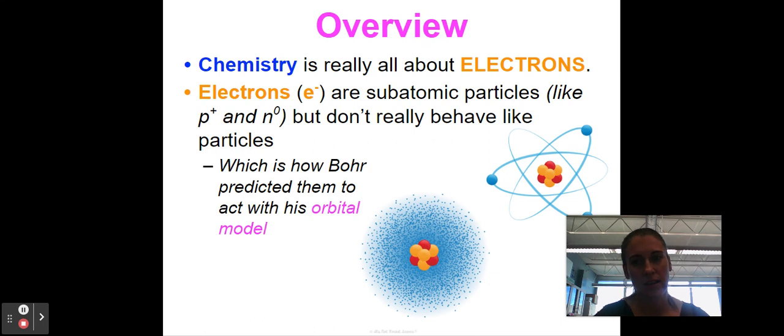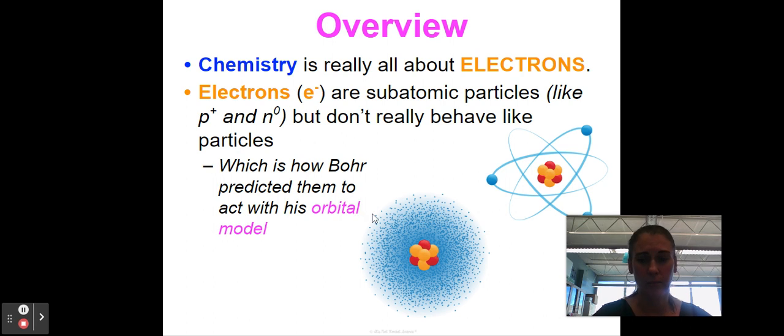In fact, this is why we have this Bohr model, Bohr, that is a scientist named Niels Bohr. And if you recall, this is still a popular representation of an atom. This is called the planetary model. You have the electrons moving in these orbits around the nucleus.